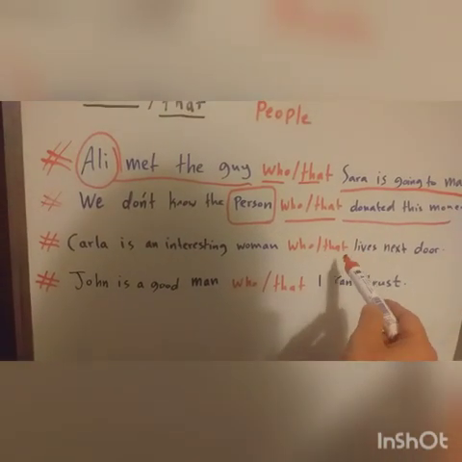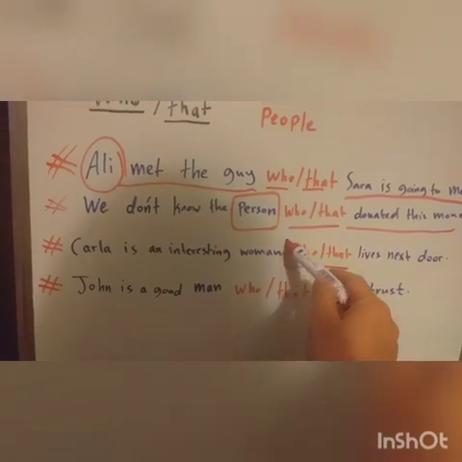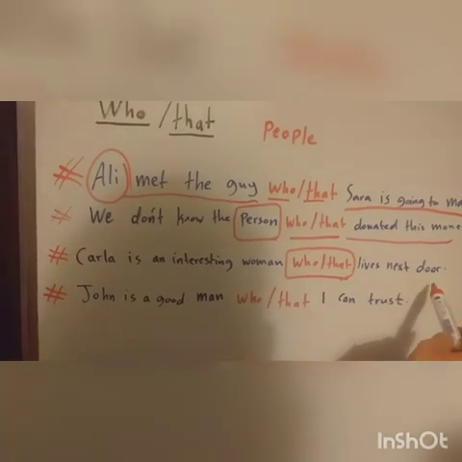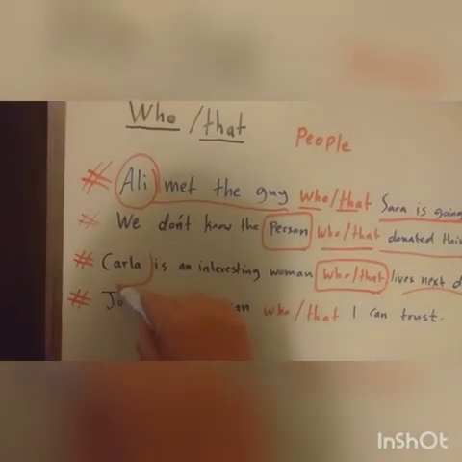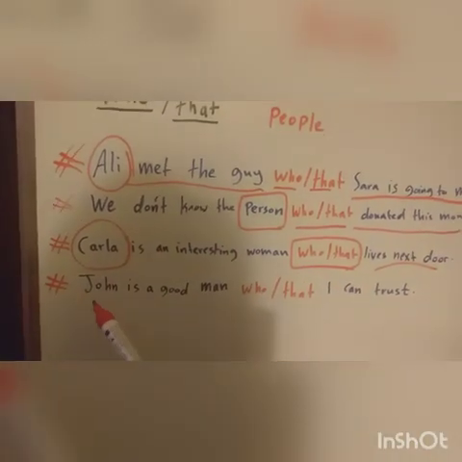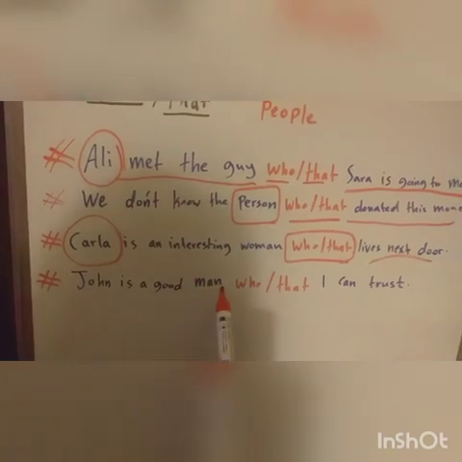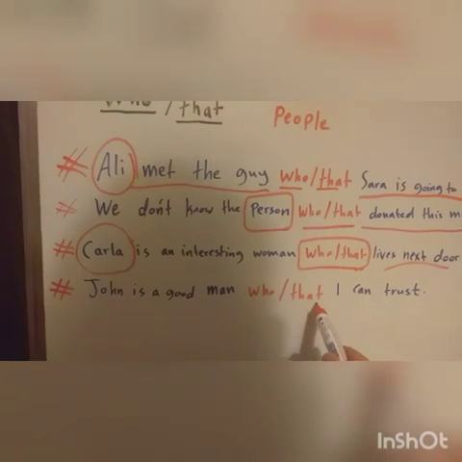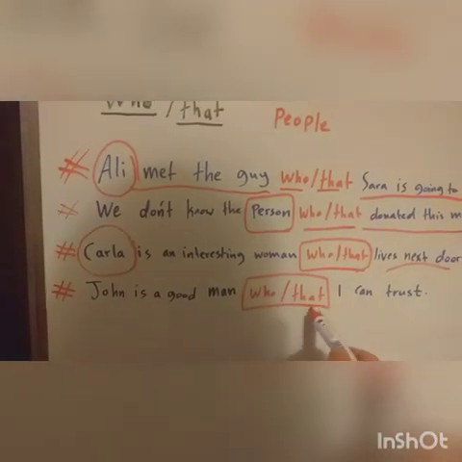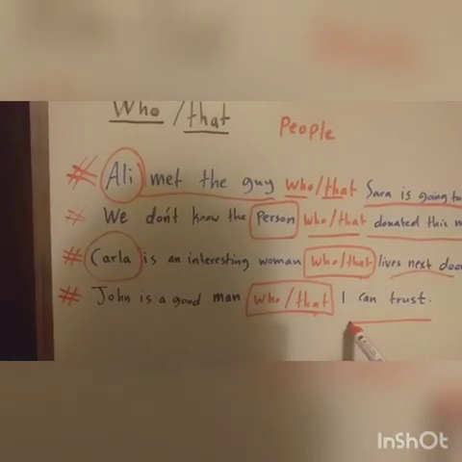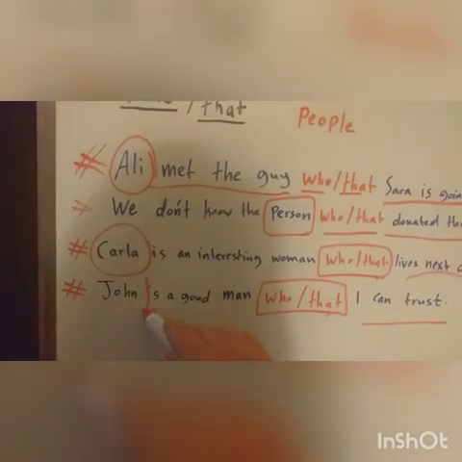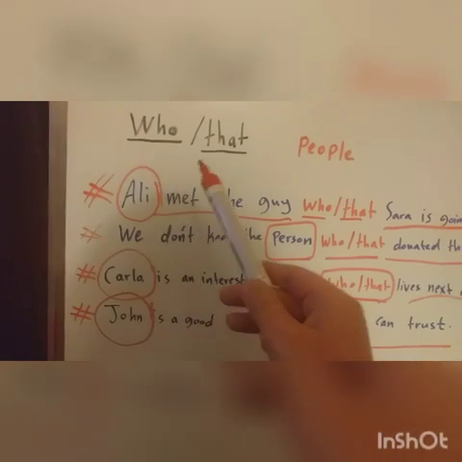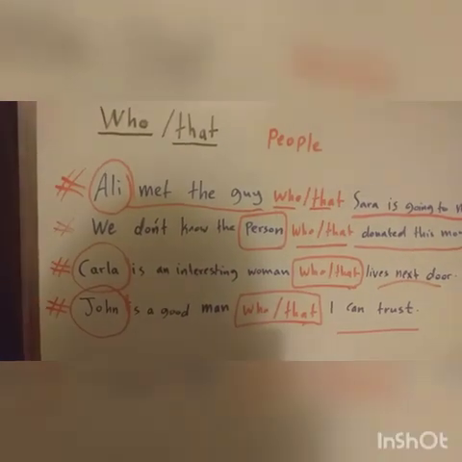Here we have used who or that to relate the person who lives next door to Carla. John is a good man who or that I can trust. Here we have related the second clause, the trust, to John. So we use who or that when we talk about people.